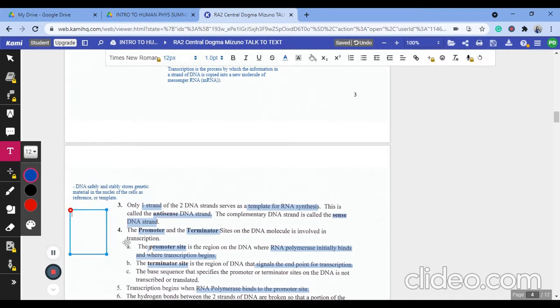Meanwhile, mRNA is kind of like a reference book because it carries the information of the DNA, but it is not used for long-term storage, and it can freely exit the nucleus.